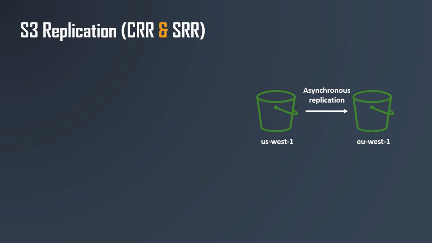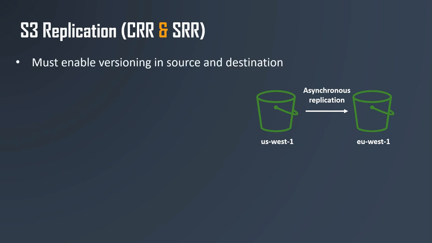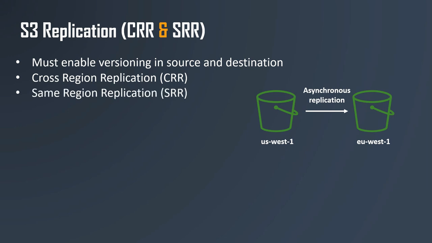To do so, we first must enable versioning in the source and destination buckets, and then we can set up two different things: cross region replication, CRR, if the two buckets are in different regions, or same region replication, SRR, if the two buckets are in the same region.